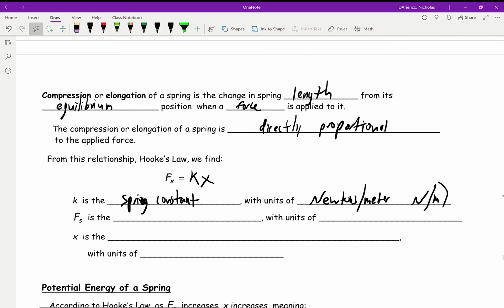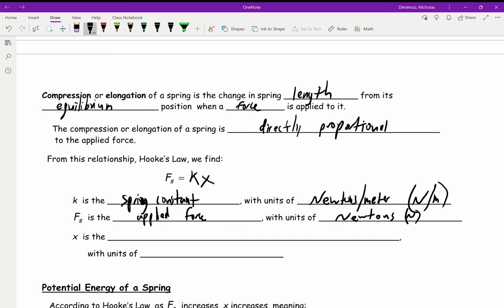F_s is going to be our applied force that we apply to the spring to either stretch it or compress it. And since that is a force, it's going to have units of newtons.